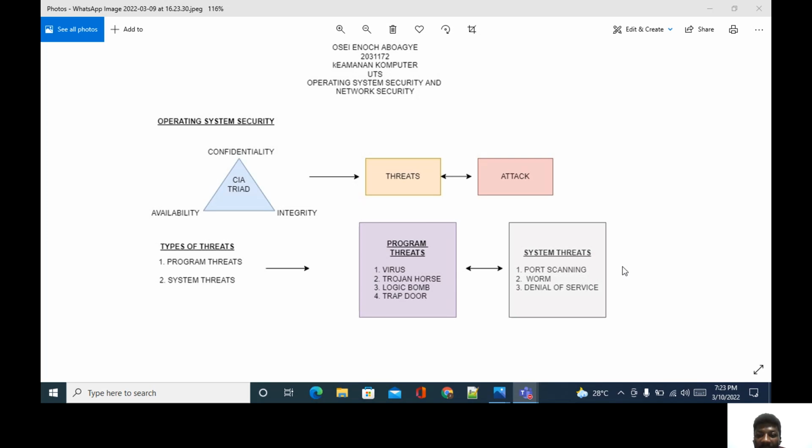So in denial of service, authorized users are denied some of the services in the system. This can be done by flooding. They flood the system with traffic, and it prevents some users from using the system. Okay, so let's move on.